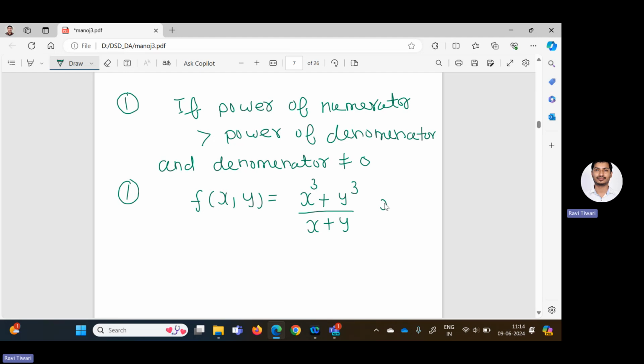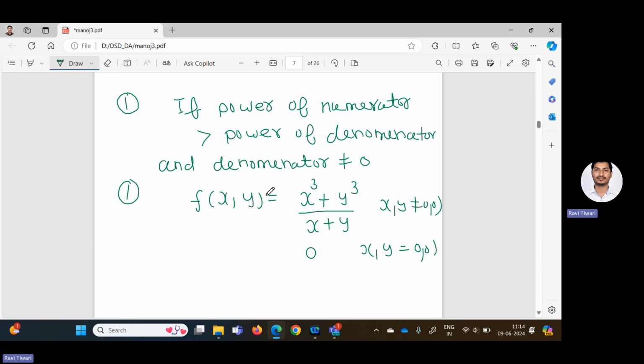And again the same thing, for x and y not equal to 0, comma 0, and here 0 if both x and y are 0. If you look at here, the power of numerator is greater than the power of denominator. So the first criterion is fulfilled, but the denominator should not be equal to 0. What about the denominator x plus y?